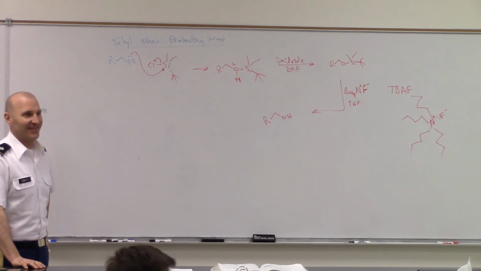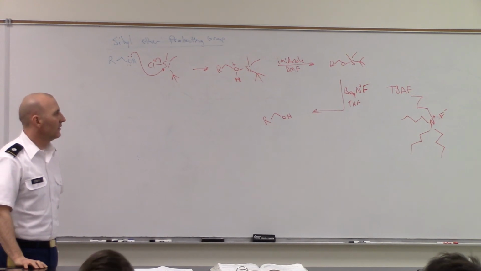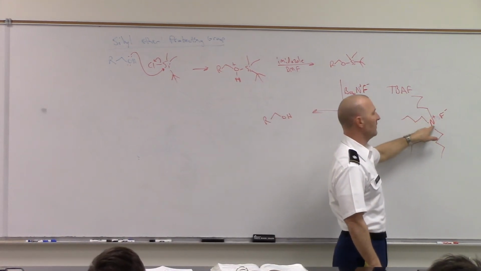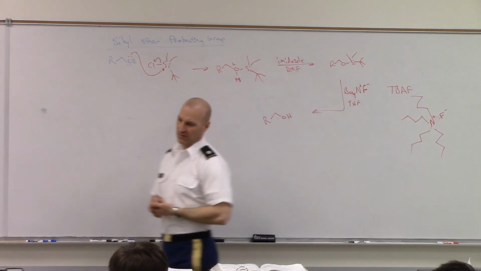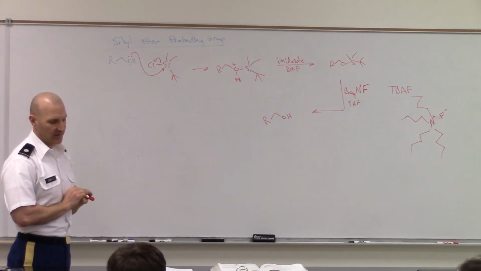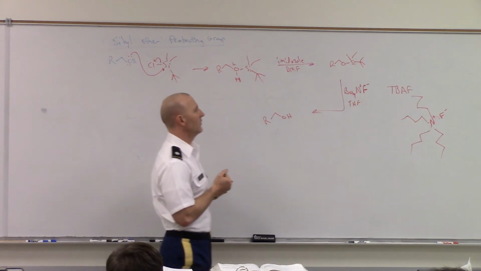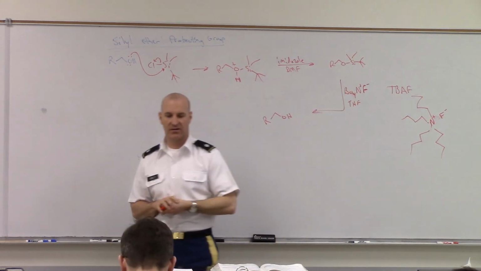So what's the TBAF? Ammonium is the N plus, and fluoride is the ion. So that's a specific way of protecting an alcohol without having to worry about the conditions in which you're going to do the next reaction.